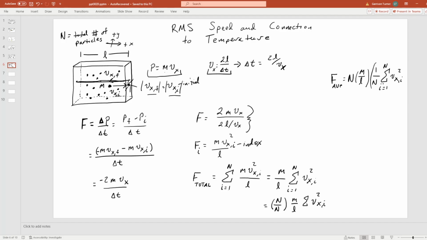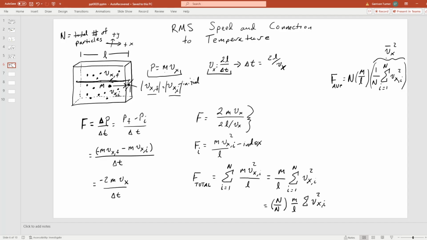Okay, because adding up all of the quantities of some number of things and then dividing it by that number of things is the average. So this is the average square of the speed of the entire set of molecules. Okay?